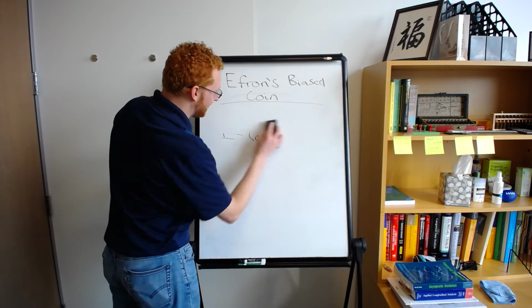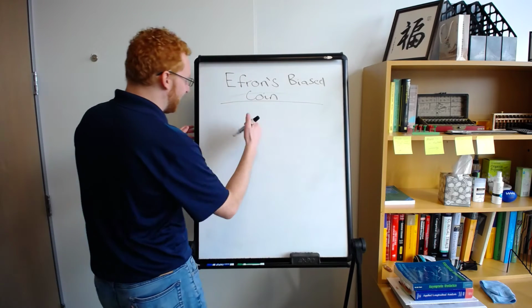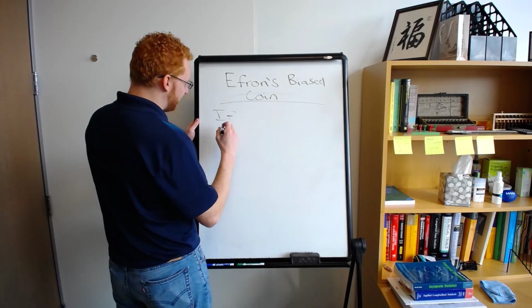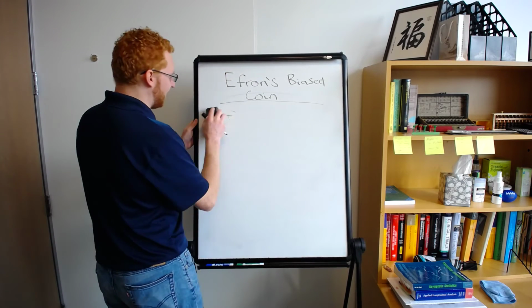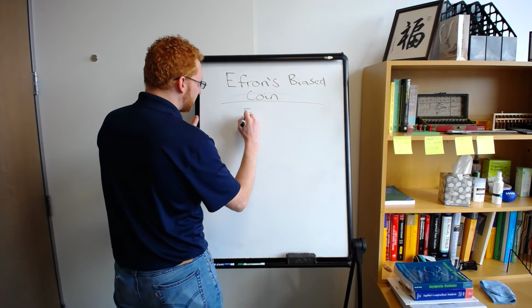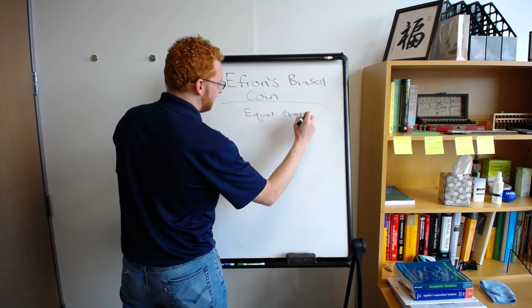So one way to do that is what's known as Efron's biased coin. I'll make a flow chart. Are the group sizes equal?